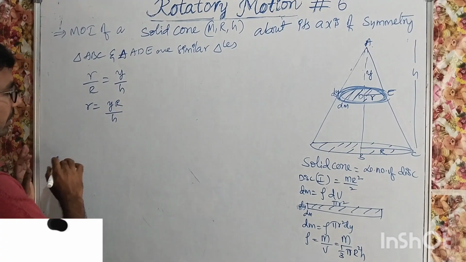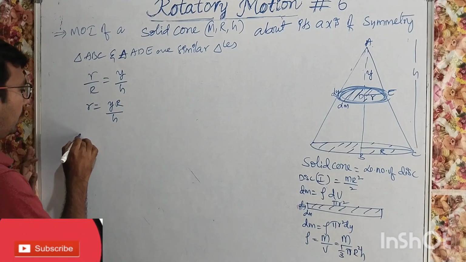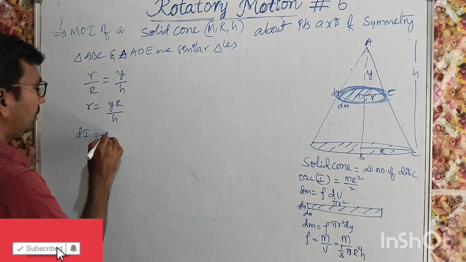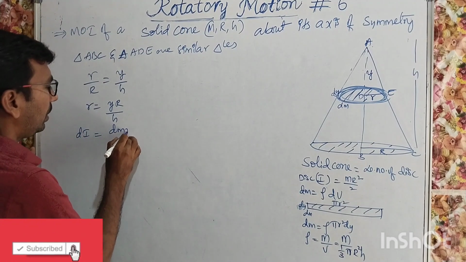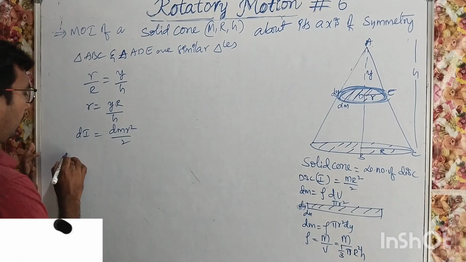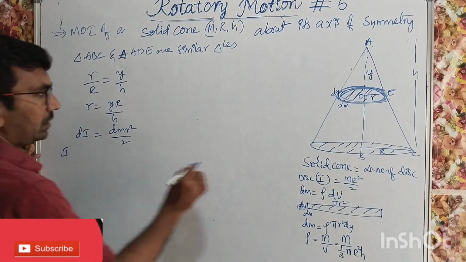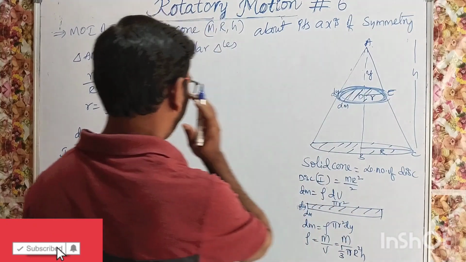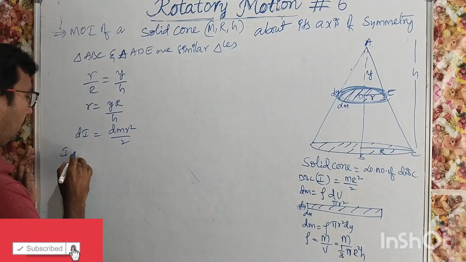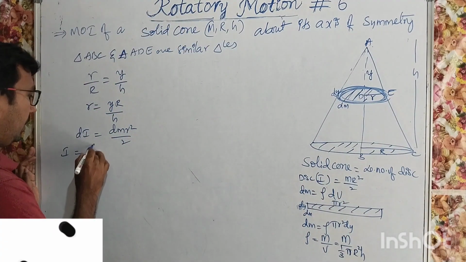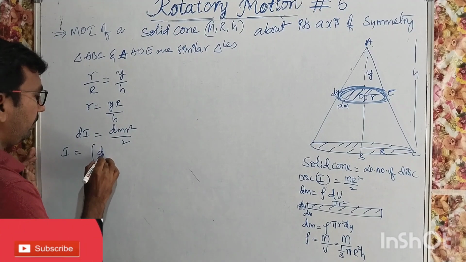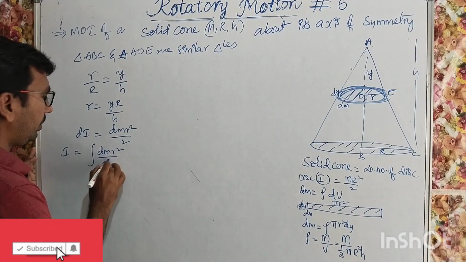So the moment of inertia of a disc dI is equal to dm r square by 2. I want the total moment of inertia. These are an infinite number of discs, so I is equal to the integration of dm r square by 2.